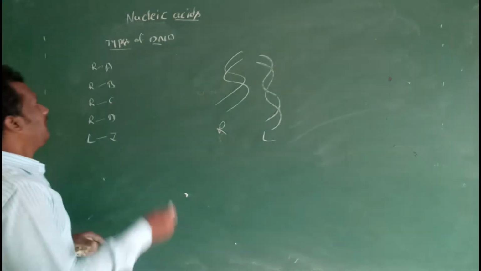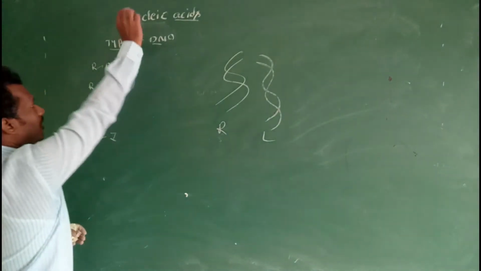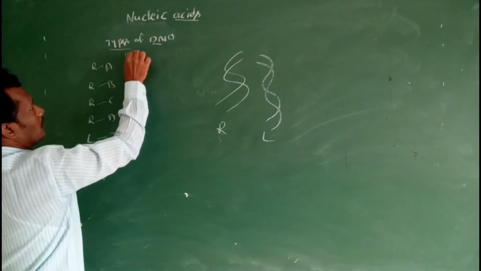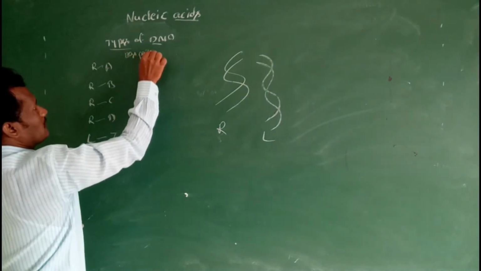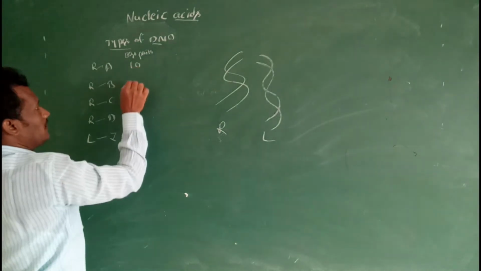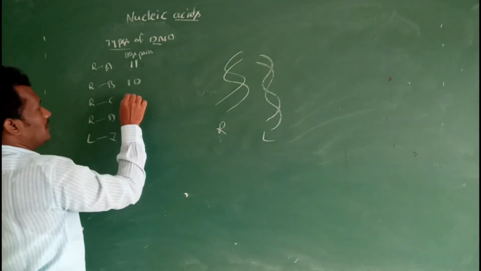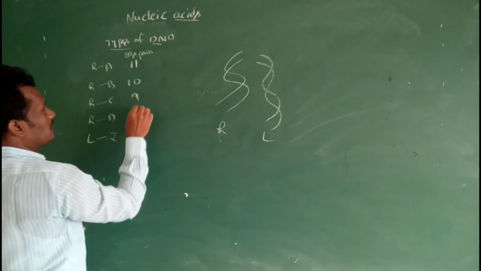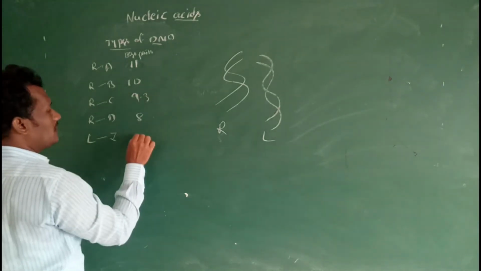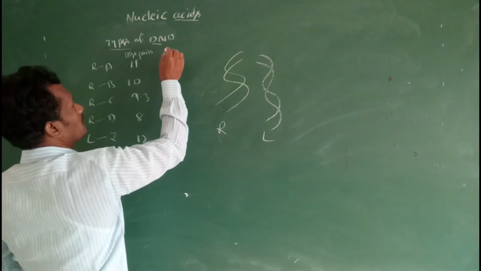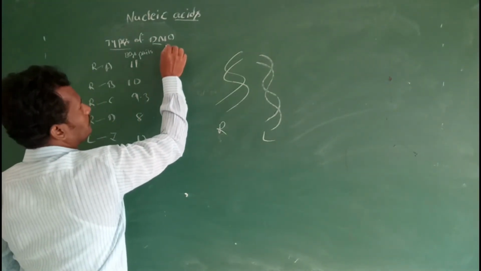The number of base pairs per turn varies: in B DNA, 10 base pairs; others have 11, 10, 9, 9.3, 8, and 12 base pairs.